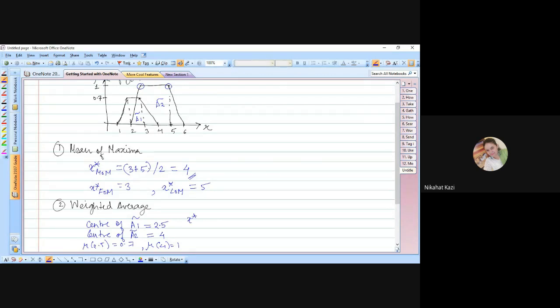So you say x star is equal to 2.5 multiplied by 0.7, the membership at that value, at x equal to 2.5, the membership is 0.7, and at 4, the membership is 1. And then what you do is you divide by the sum of the memberships. Okay, so what is the value that you get? Compute this. Whenever we are solving problems, you should have a calculator with you.